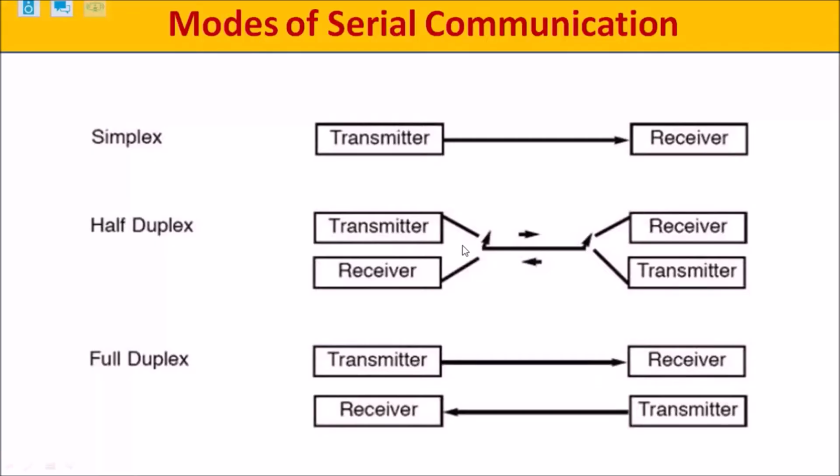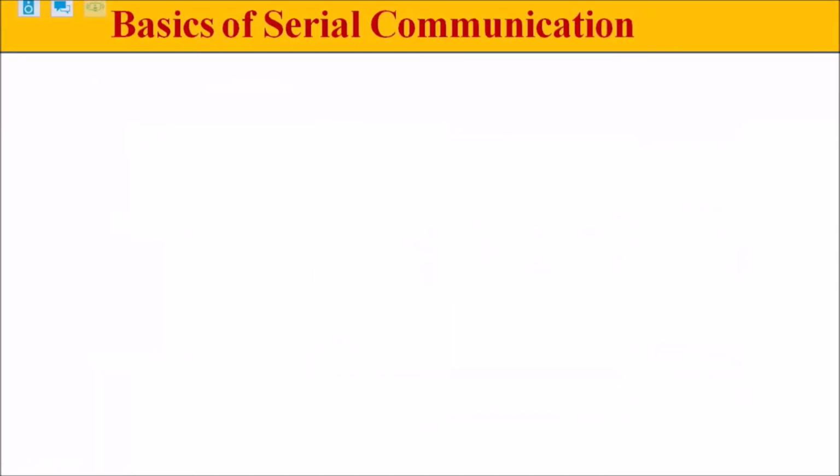A walkie talkie is an example of half duplex. For simplex communication, you can give the example of a printer. In full duplex, the data transmission and reception can be done simultaneously, like our telephone system. The communication can be in both directions simultaneously. So these are the different modes of communication.